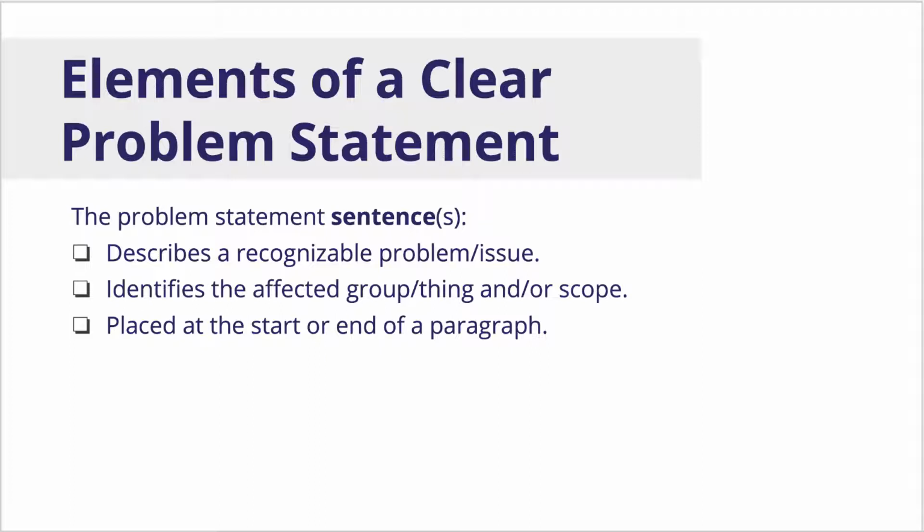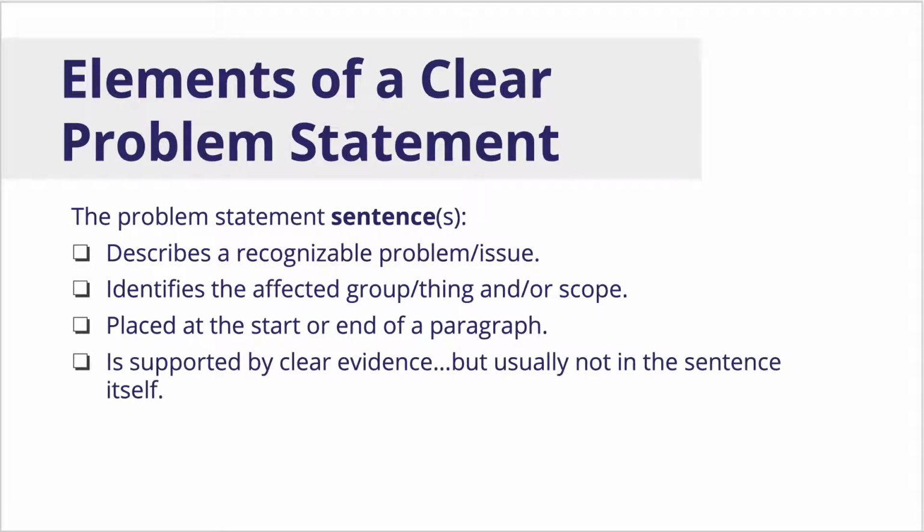You do want to have the sentence that lays out your problem statement either at the beginning or end of a paragraph, because that way its position helps inform how we read and interpret what came before and what comes after, and also that it's clear, oh yeah, this is an important sentence to pay attention to.